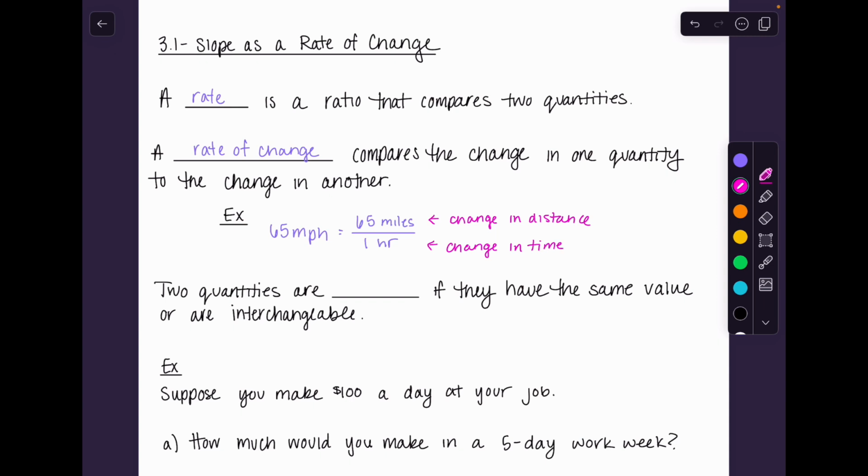Okay. So if you think about the unit price of something, that's not a rate of change because it's a change in price for every one item you buy. So it's not really a change of items there. That's why we keep rate of change for that specific case of when we're dealing with our change in distance or change in time as that denominator.